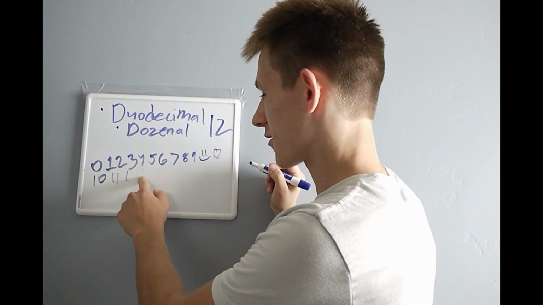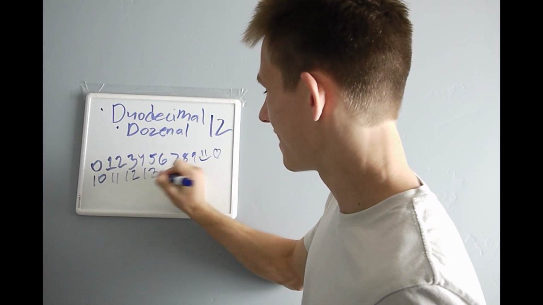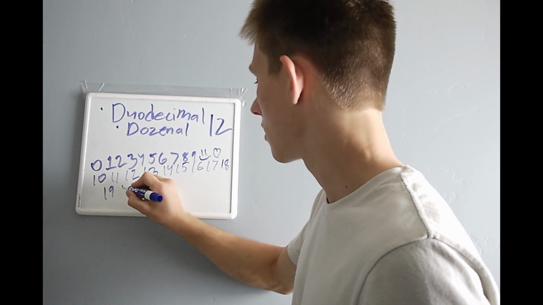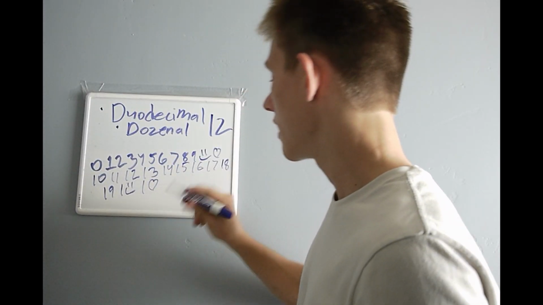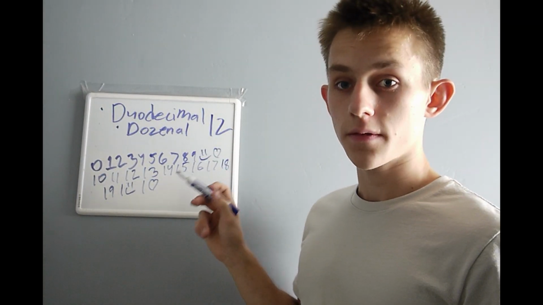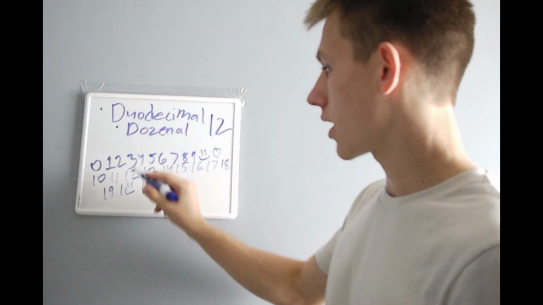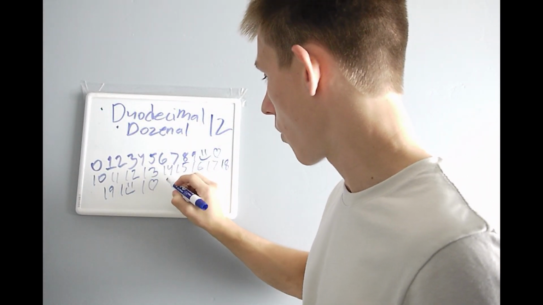See, I'm stuck to my decimal. 14, 15, 16, 21, 22, 23. And since we're base 12, we're about to hit 24. 2 times 12 is 24, so we're gonna hit 20 in decimal, but no, it's 24.